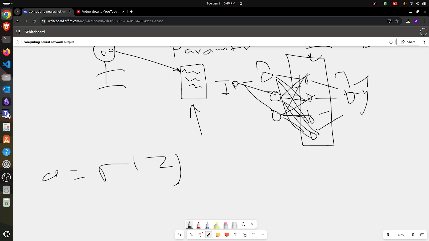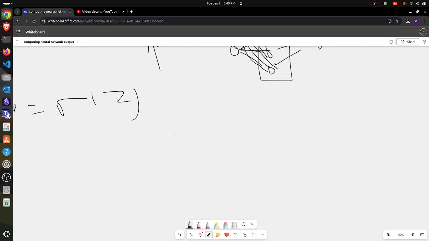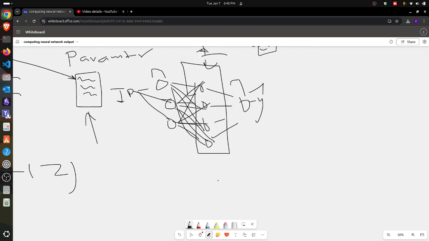I'm going to explain the mathematical part behind it a little bit. Let's imagine these things as x1, x2, x3, and we are going to call this layer the zeroth layer, this layer the first, and this layer the second layer.